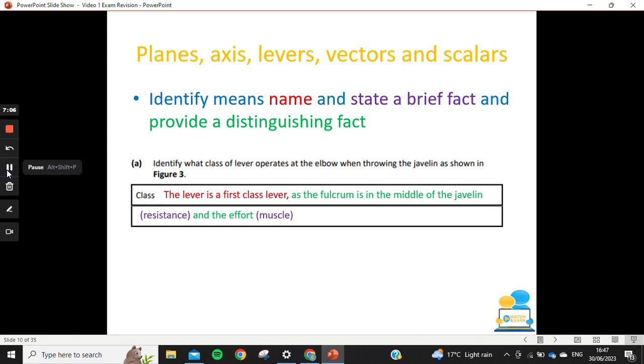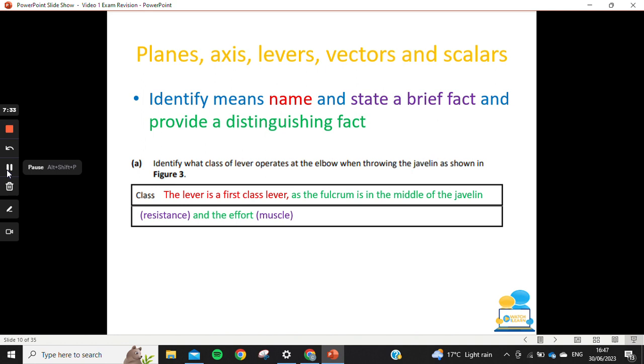And again, if we are using the action verb that we were asked in the examination, so to identify, which means to name, state a brief fact, and provide a distinguishing fact, we know the lever is a first class lever because the fulcrum is in the middle of the javelin, which is the resistance, and the effort, which is the muscle group that is working.